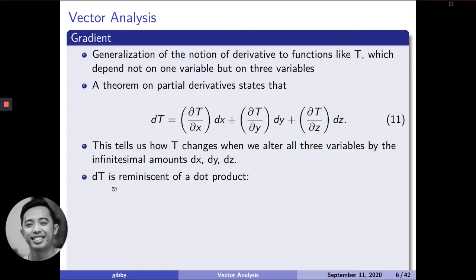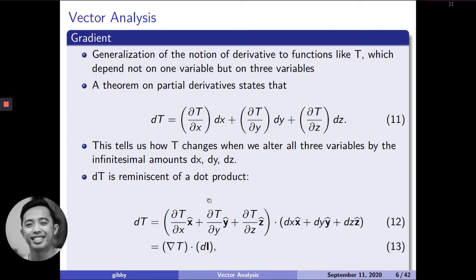So dT is reminiscent of a dot product, so we can manipulate the right hand side of equation 11 to look like this. The right hand side of equation 11 is equal to the right hand side of equation 12. So it's just a dot product. Take a look: partial of T with respect to x times x hat, a unit vector, partial of T with respect to y, and so on, dotted with, now this is a familiar form, the infinitesimal displacement vector dl.